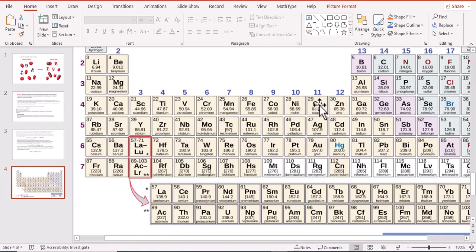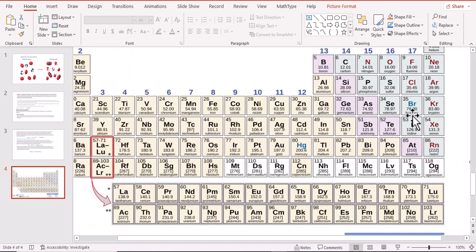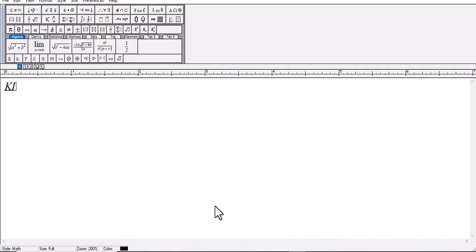It is in group 1. Very good. And iodine, let's look at iodine. It's in group 17. So the ratio of electron to electron is 1:1. So therefore we are correct to say potassium iodide will be like this. And remember, it's in an aqueous state.